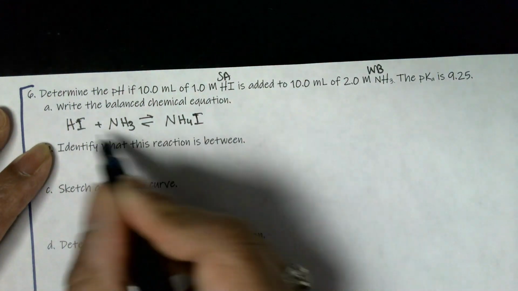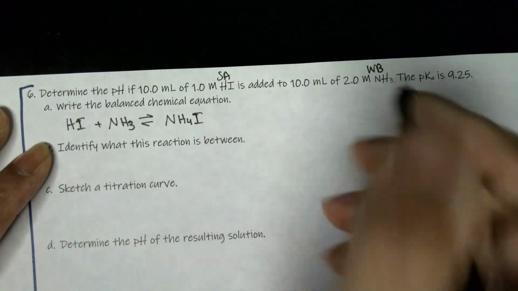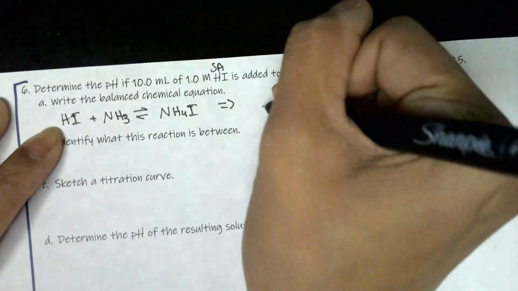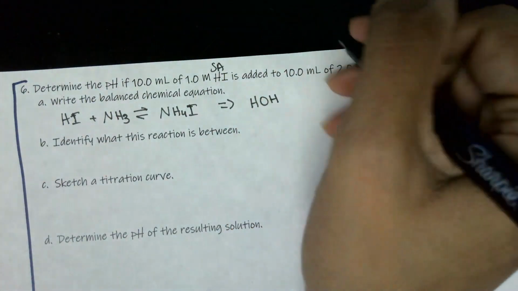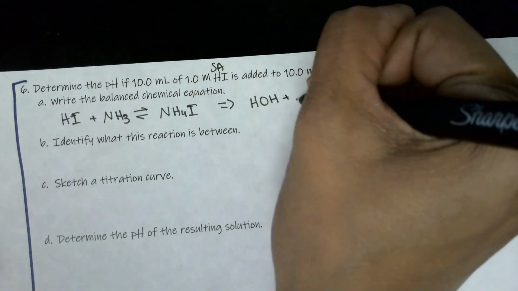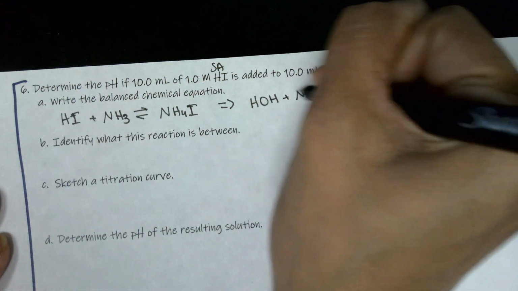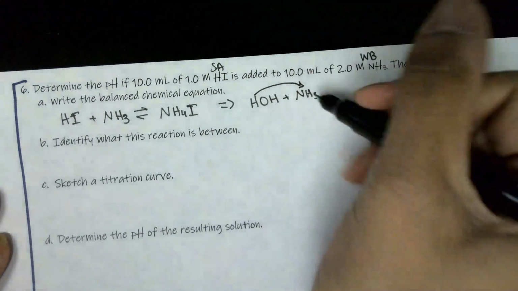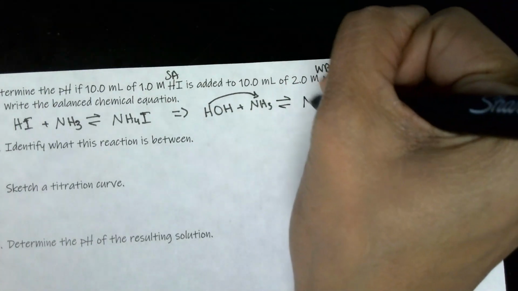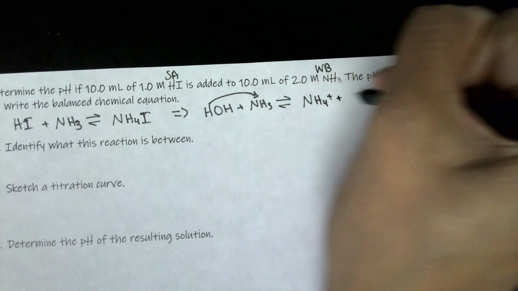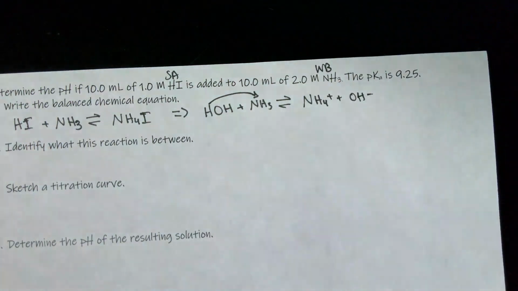So we have NH3, HI, and NH4I. We can also show that H plus is really going to have a lot of water in it. So that H plus is getting donated over here to the NH3. It's in equilibrium with NH4 plus and OH minus.